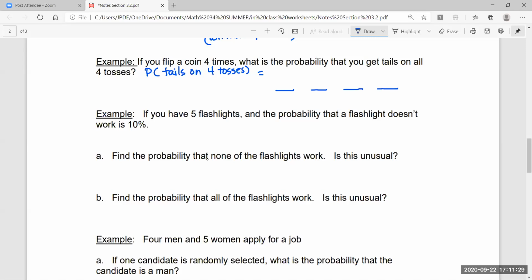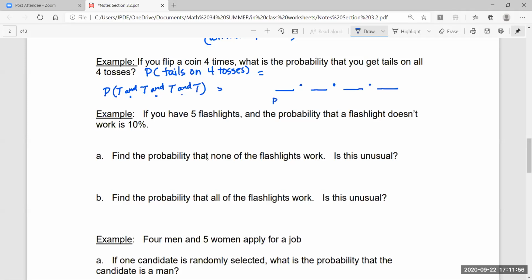Notice I was emphasizing the "and." This would be the probability of tails, and tails, and tails, and tails. And means multiply. So what we want to think about here, we're going to multiply all of those probabilities.